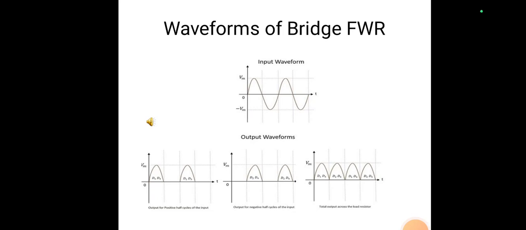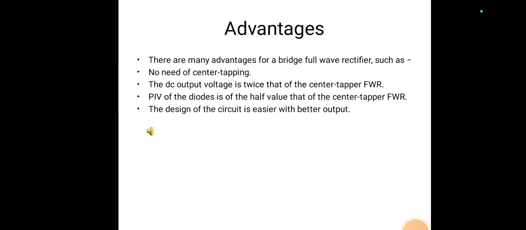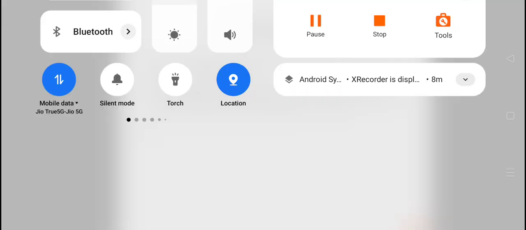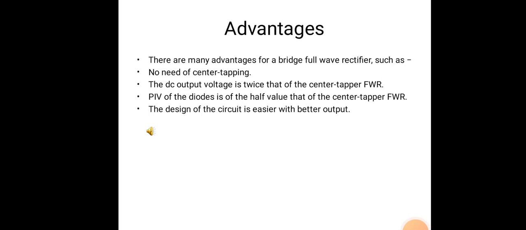These are some advantages of the full wave bridge rectifier. There are many advantages. There is no need of center tapping. In the center tap full wave rectifier, a center tap transformer is required, but in the full wave bridge rectifier no center tap transformer is used.